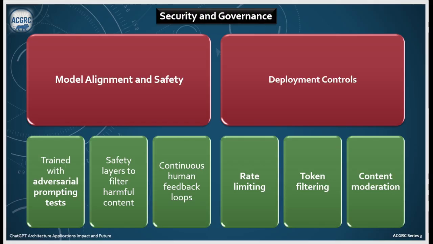It's also needed to keep the conversation positive and respectful. Simply put, it means slowing down too many requests, checking the words before thinking, checking the final answer before sending. So that's rate limiting, token filtering, and content moderation. Hope this helps with the context.